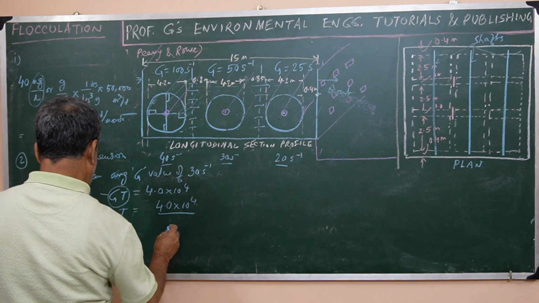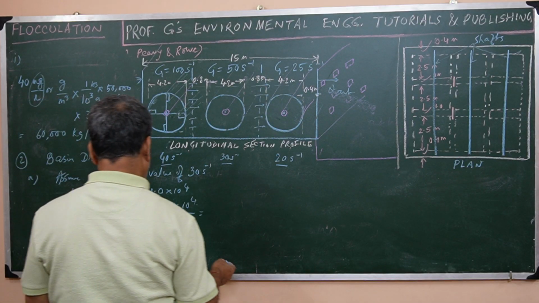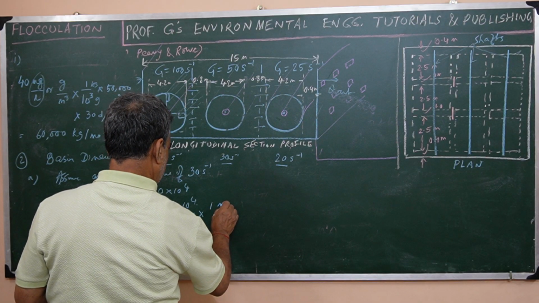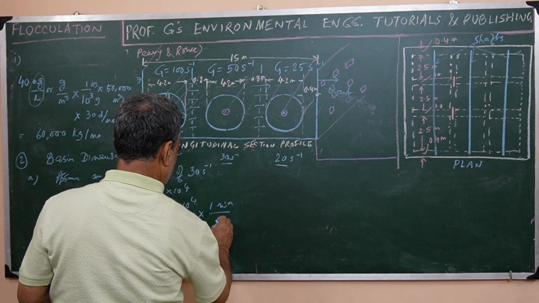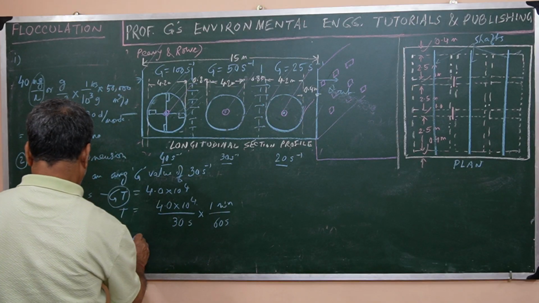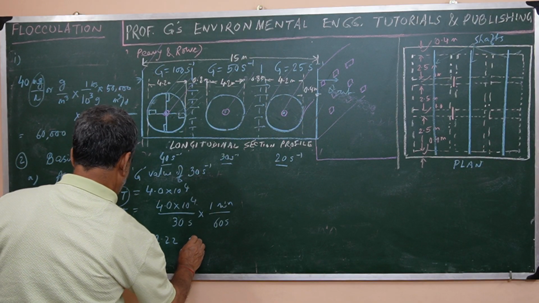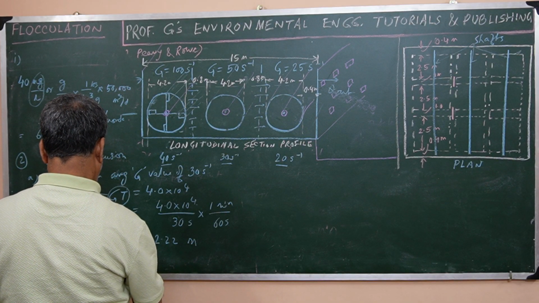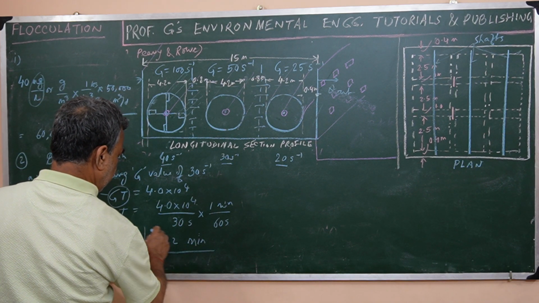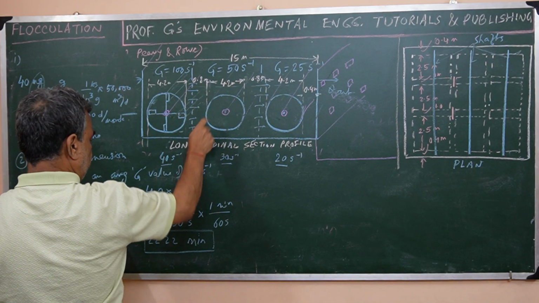So T is this divided by 30, and if you convert this into minutes, with 60 seconds in 1 minute, this will give you a T value of 22.22 minutes. Okay, so this would be the detention period of the water flow in the flocculation basin also.